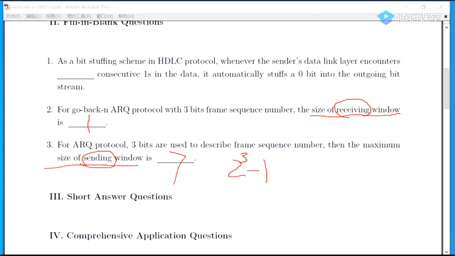So please look at the questions carefully and distinguish which window size is asked, receiving or sending. Sending is the transmitting window size. They are different. Okay.